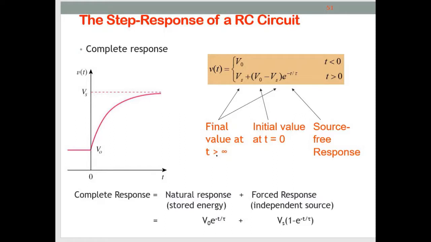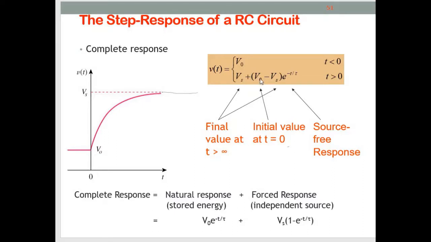Vs is the final value at t to infinity, where time may reach up to infinity. V0 is the initial value at t equal to 0, and this is the source-free response, or the natural response.